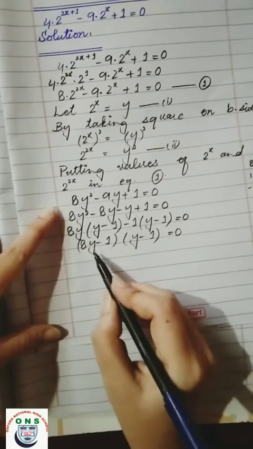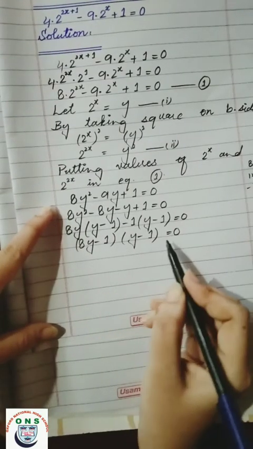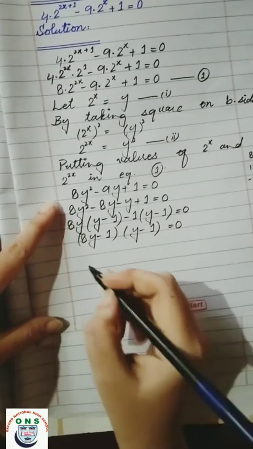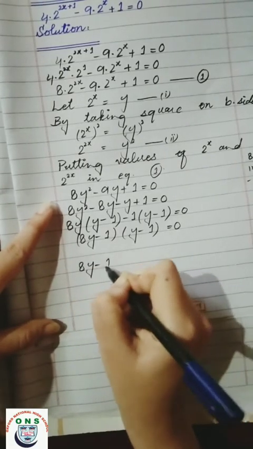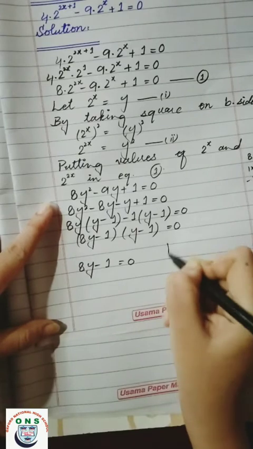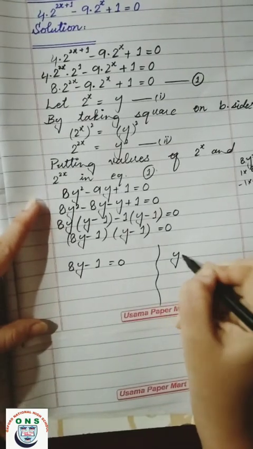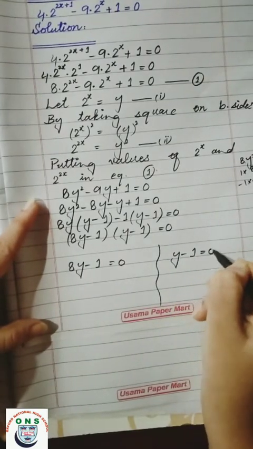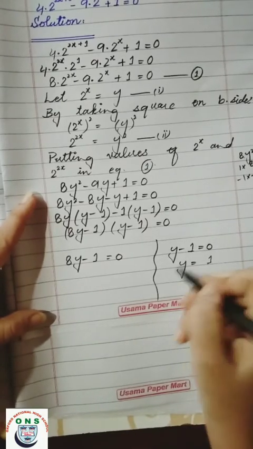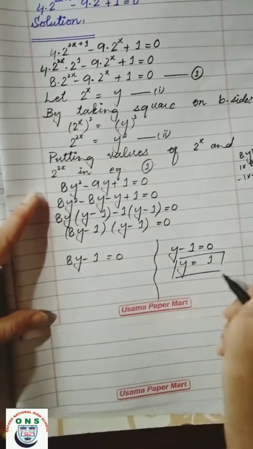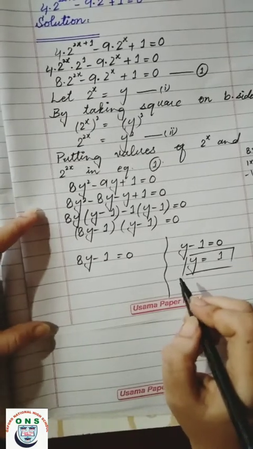Now students, we have two factors multiplied to each other and equal to 0, so we take them one by one equal to 0 and get the value of y. 8y minus 1 is equal to 0 and y minus 1 is equal to 0. Here y is equal to 1 because the constant goes to the other side of the equality.